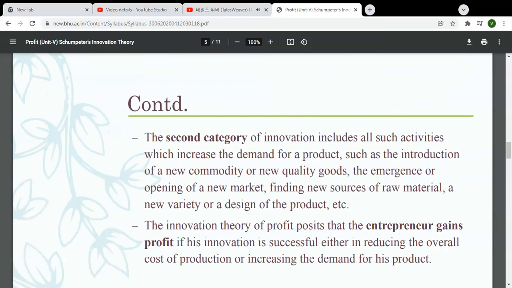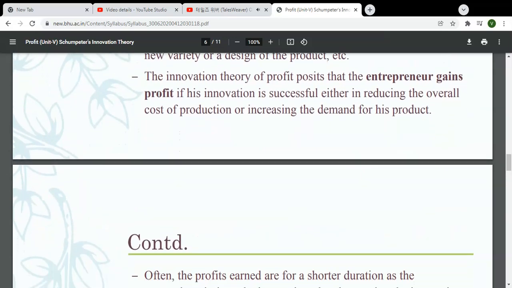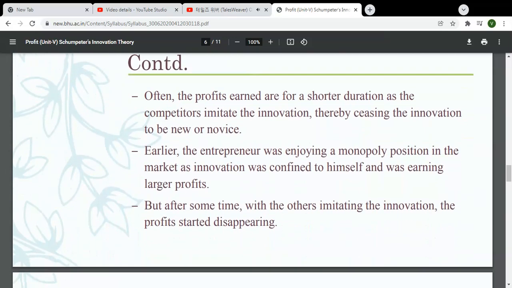So innovation theory will make you earn profit if your innovation is successful, either in reducing the overall cost of production or increasing the demand. Now comes the turn. The profits earned are for a shorter duration as the competitors imitate the innovation, thereby ceasing the innovation to be new.